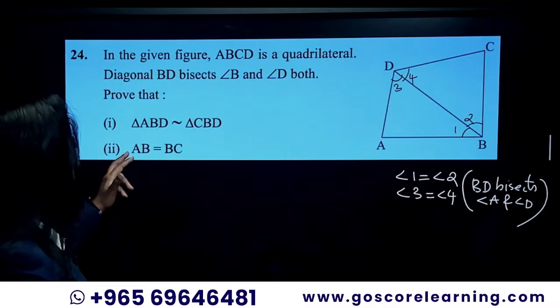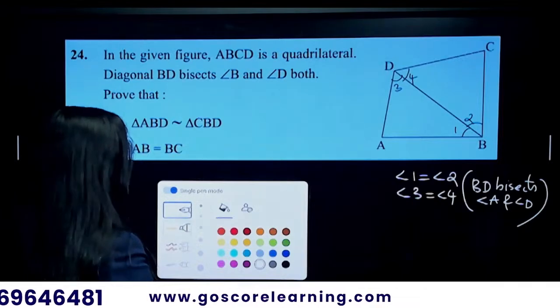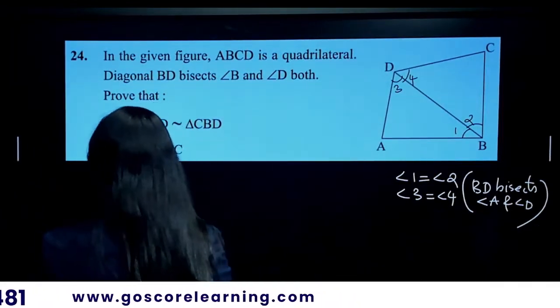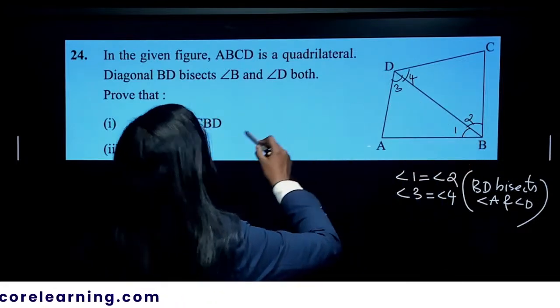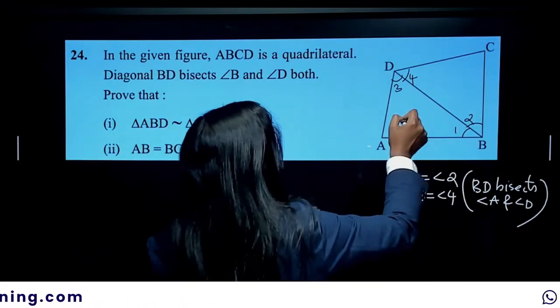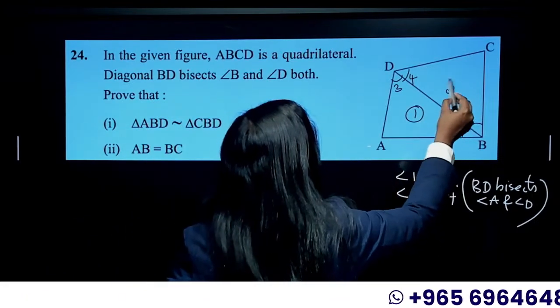And now prove that triangle ABD and triangle CBD are similar. So here is triangle ABD, and triangle CBD, basically these two triangles. I'll mark those as triangle 1 and triangle 2.